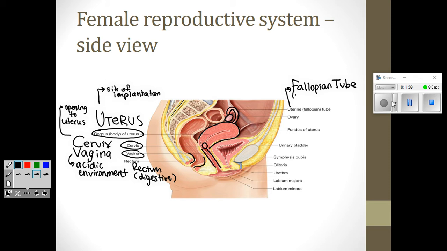This is the pathway for the egg. The ovary is the little round structure that I circled here. So the ovary, this one, that is where oogenesis occurs.